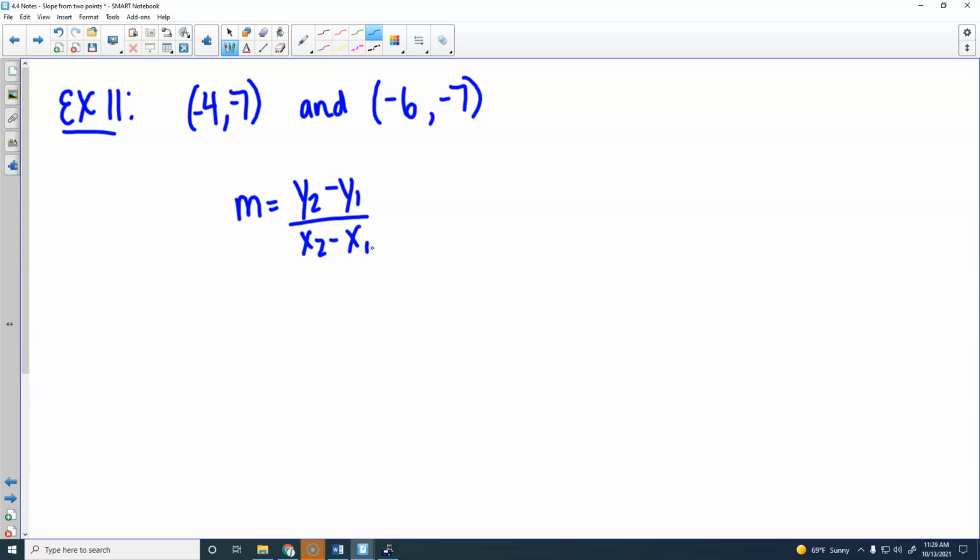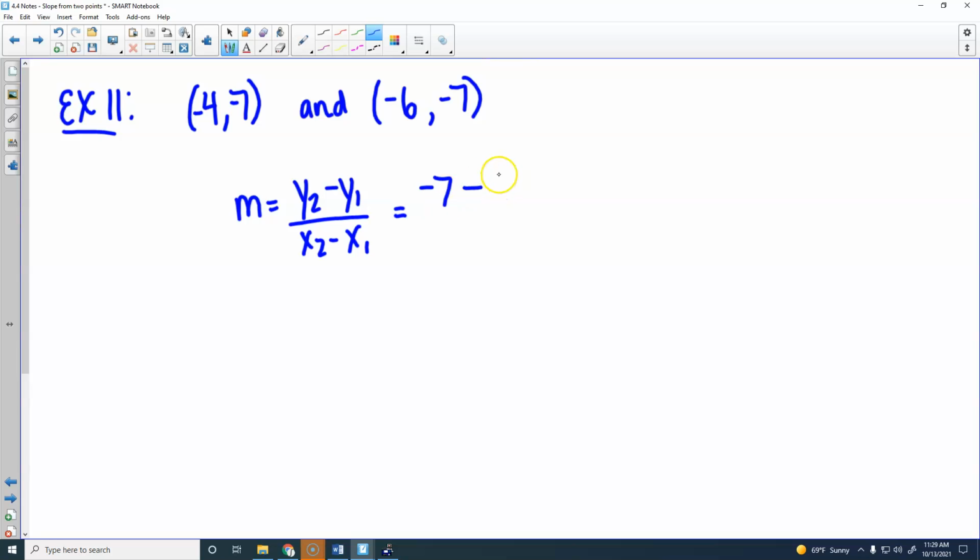Alright, so, Marley, what would I put in the top of my fraction here for my slope? Okay. Alright, -7 plus 7. How'd you get that plus 7? Good.